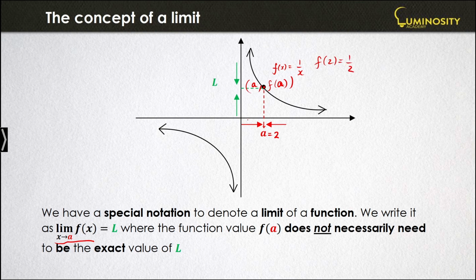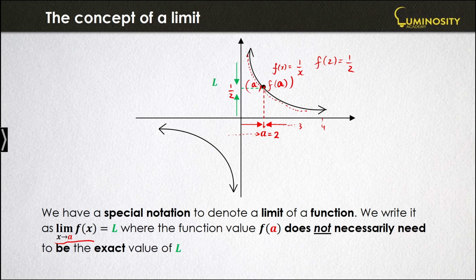If you come from the left of 2, so all the values less than 2, like 1 or a half, and they come closer to 2 from the left, moving towards a equals 2, then the y values are also moving closer to that limit value of a half. Similarly, if you come from the right, so values like 3 or 4 or 5, and you start going towards 2 from the right, can you see your y values are also tending towards that limit point of a half?